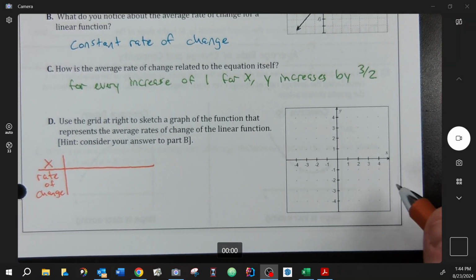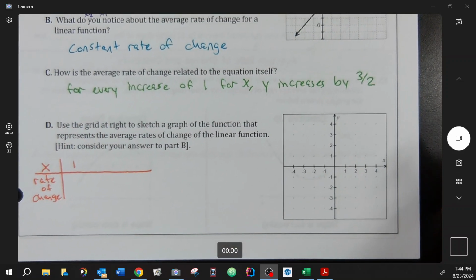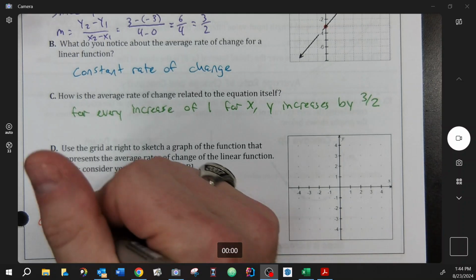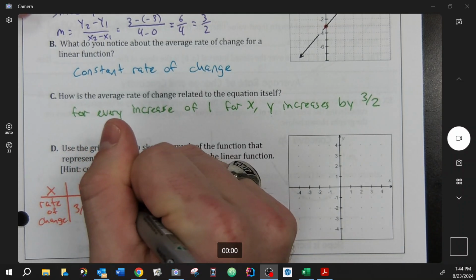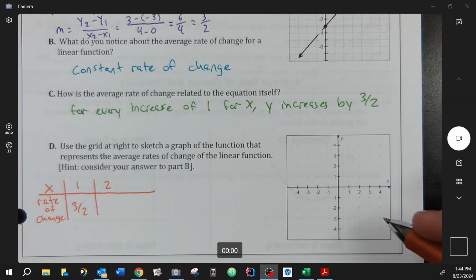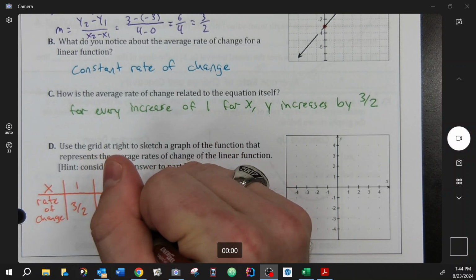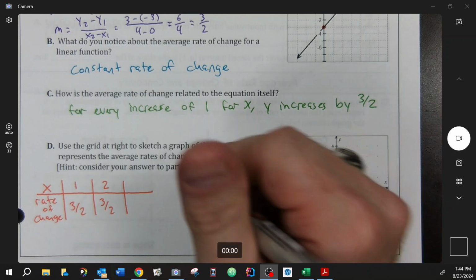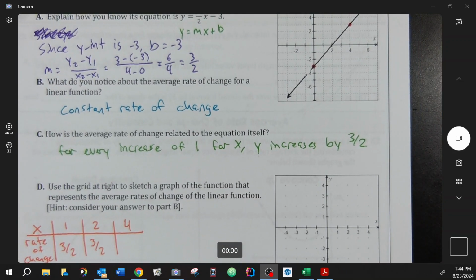At x equals 1 on our straight line, what is the rate of change? 3 over 2, which is 1.5. At x equals 2, what is the rate of change? 3 over 2 still. And I don't know, for fun, how about 4? Oh, well, we already said it's constant, right?